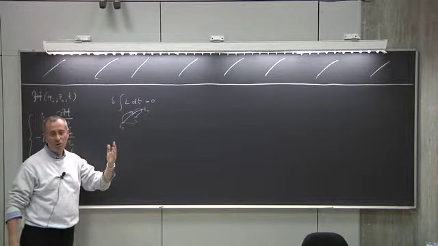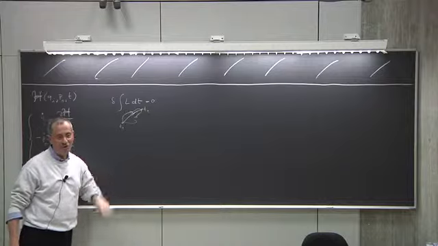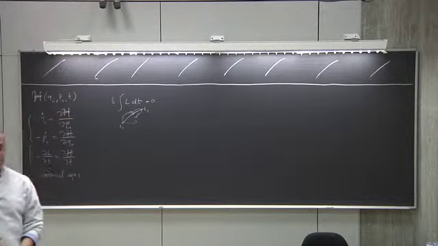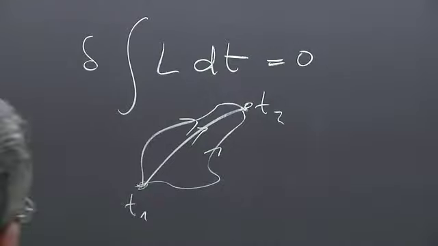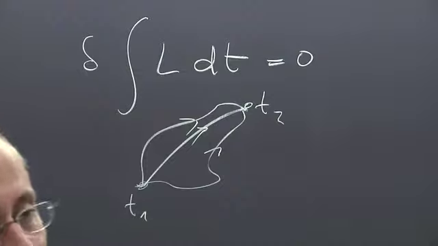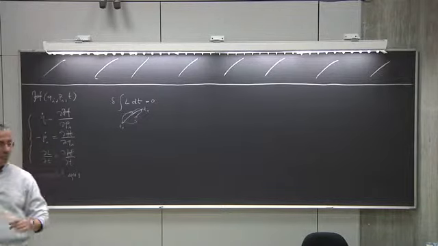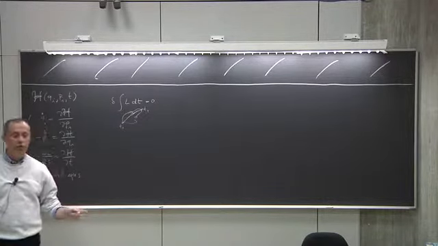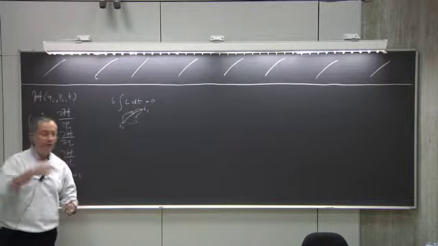Did you find it interesting, or moderately? Well, it's a completely alternative way of describing: instead of saying this point goes from here to there because F is equal to ma, you say it goes from there to there in such a way as to maximize or minimize this quantity.